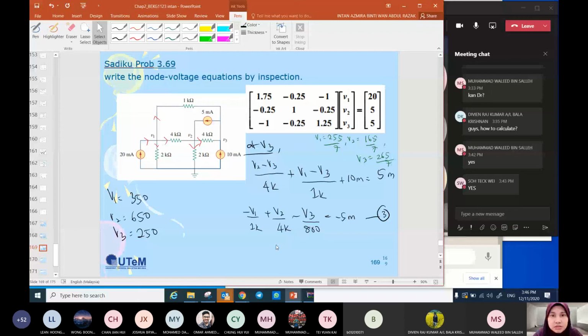Okay, the second equation is correct. And then the third equation, minus.